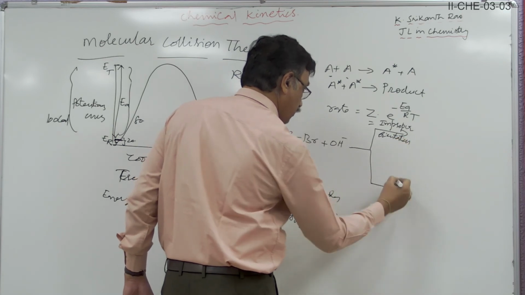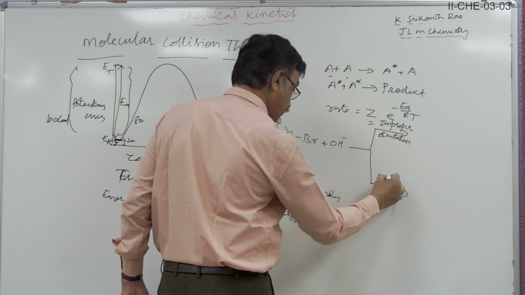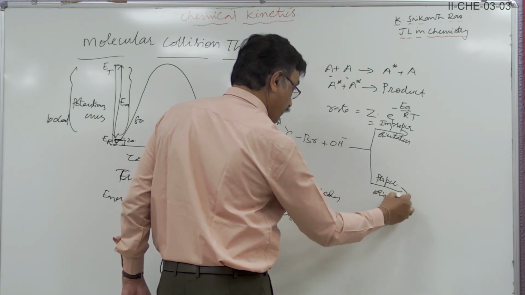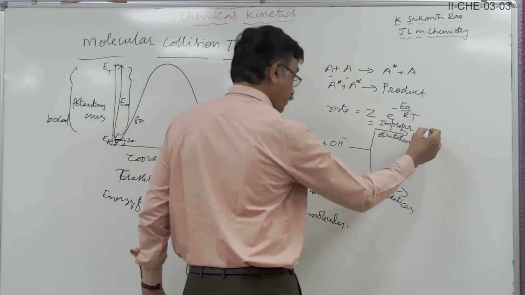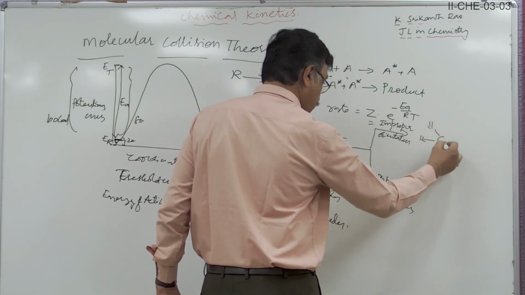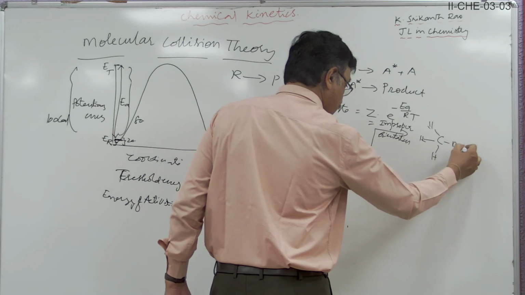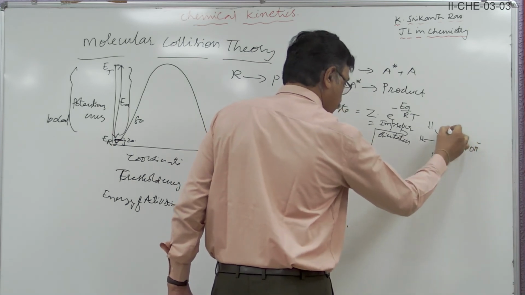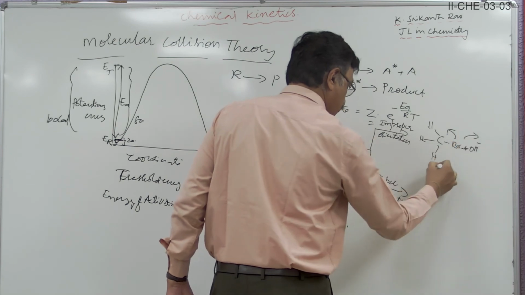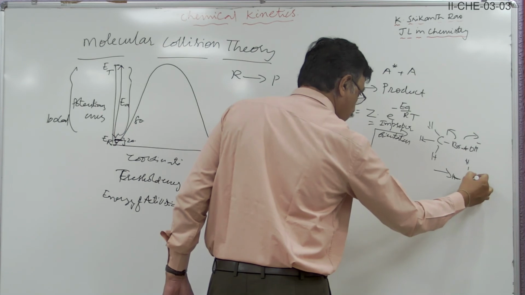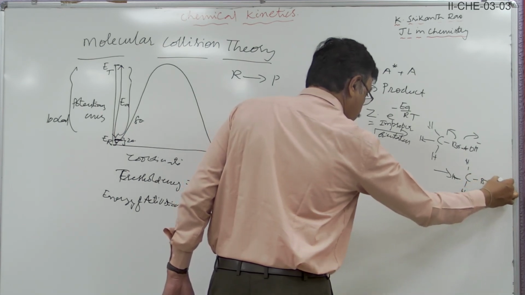The other one is proper orientation. Improper orientation leads to the same molecule. You don't get any product. There is no reaction at all. You get the same molecule back.